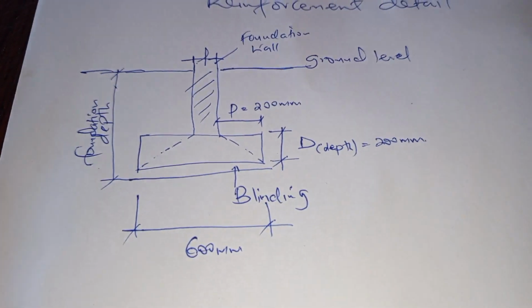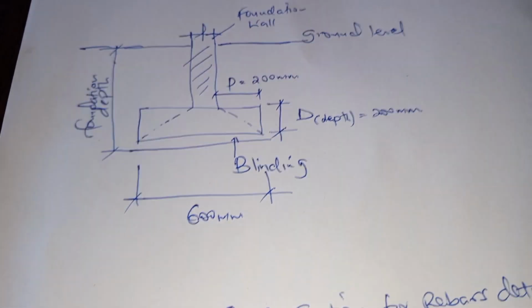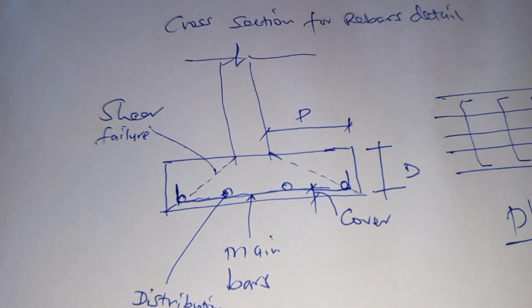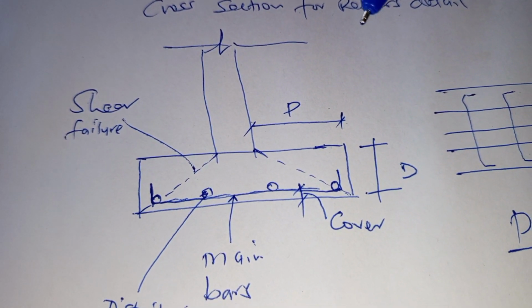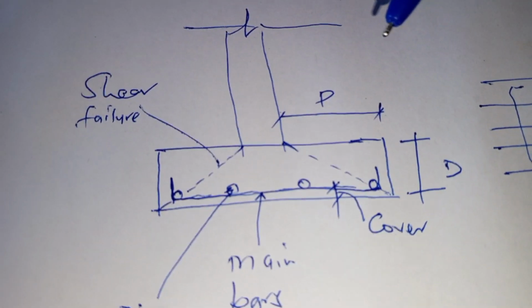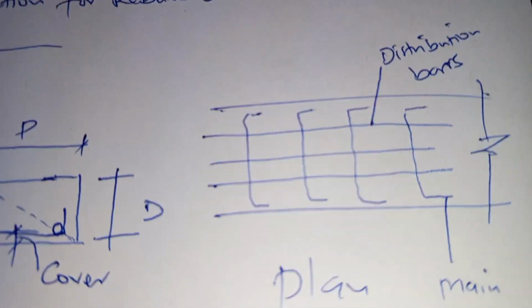So our reinforcement detailing for this strip footing is normally done this way. Like our illustration is showing, we normally have the main bars and the distribution bars, as indicated in our plan.